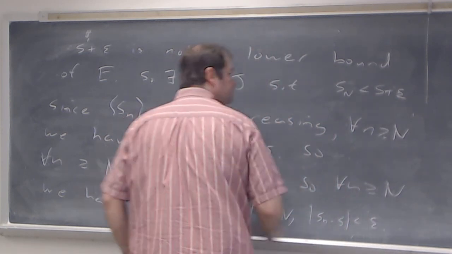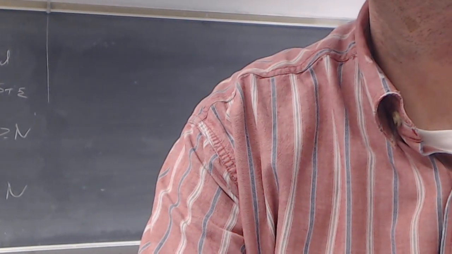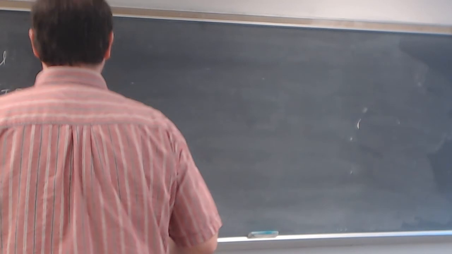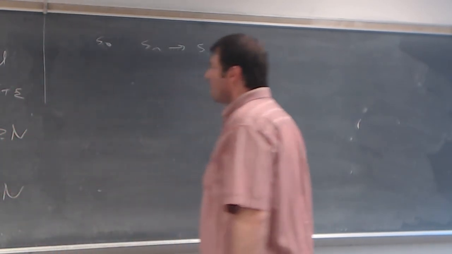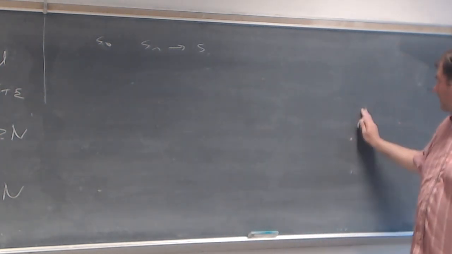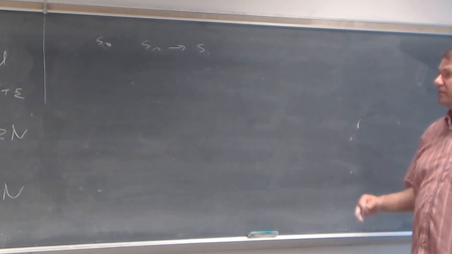What that says is S of n converges to S prime. Look, what we've done is we've shown that if you're a monotone sequence and you're bounded, then you converge.